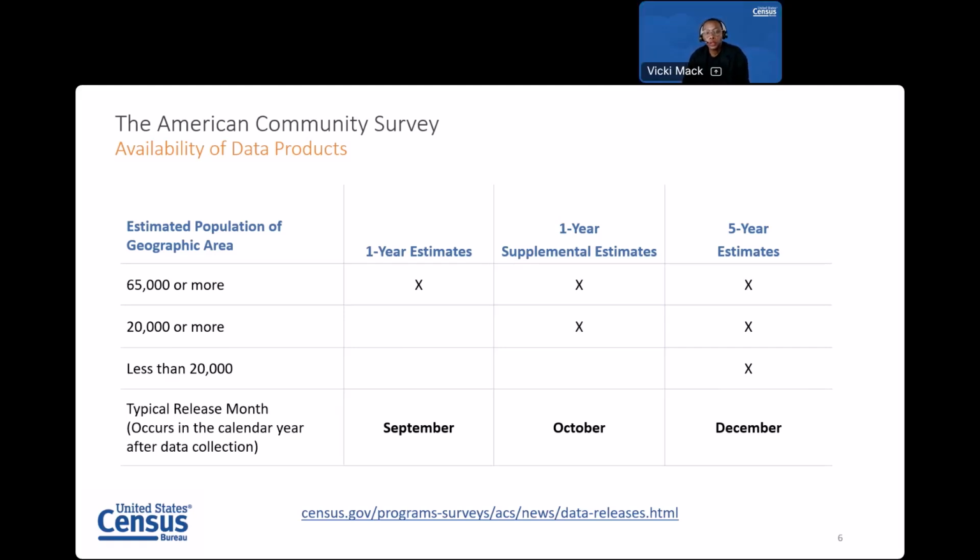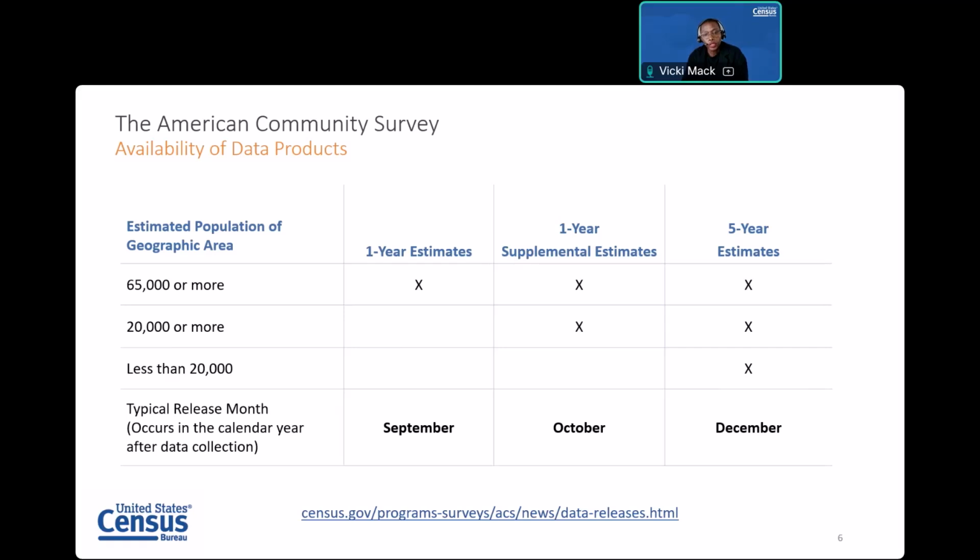The full detailed data release schedule for each year is available on the data releases page. The data are typically released in September, the calendar year after collection as 1-year estimates, in October, the calendar year after collection as 1-year supplemental estimates, and 5-year estimates are generally released in December, the calendar year after collection.